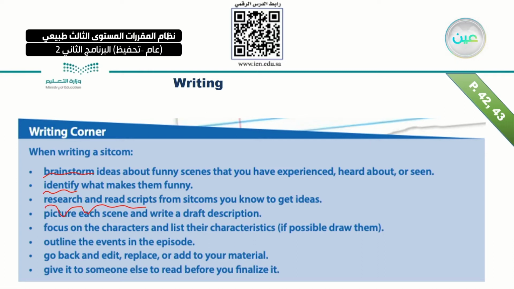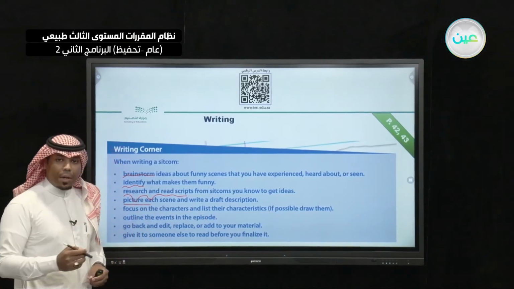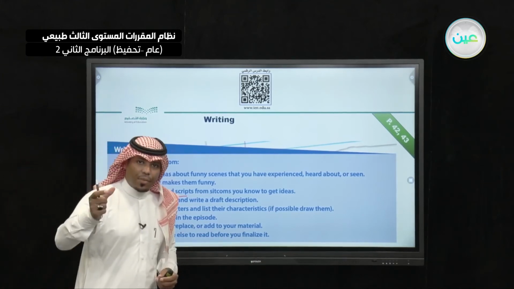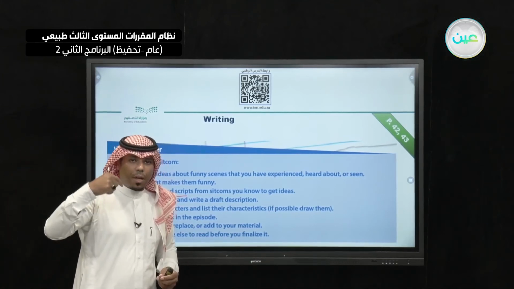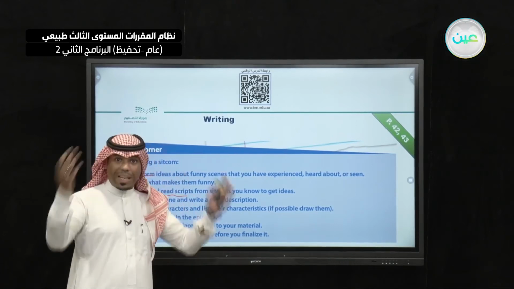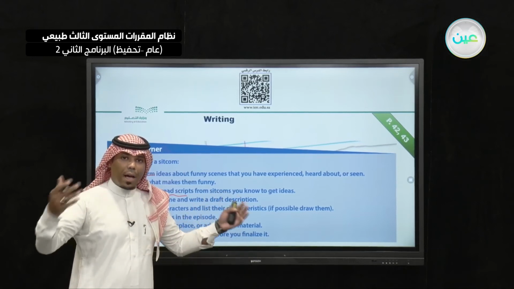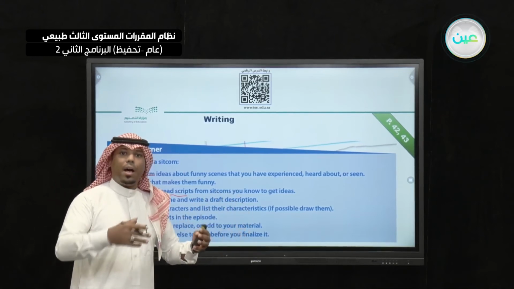Picture each scene and write a draft. After picturing each scene, try to write a draft. Imagine, then write a draft, for example the scene itself, the outfit, the environment and the place.